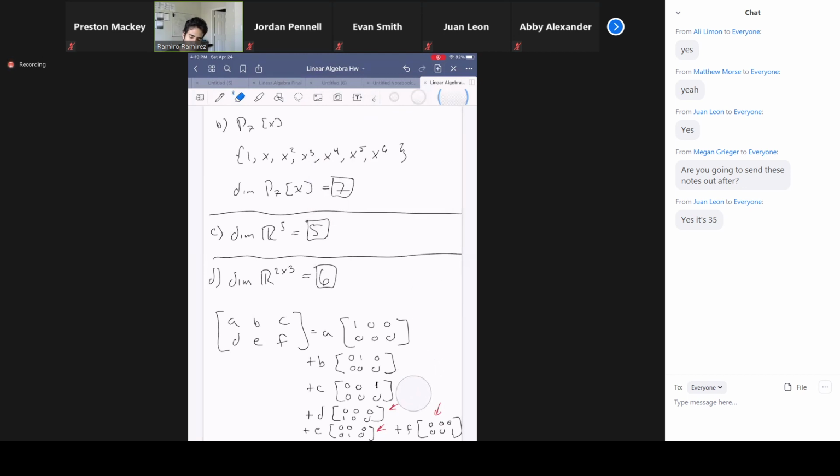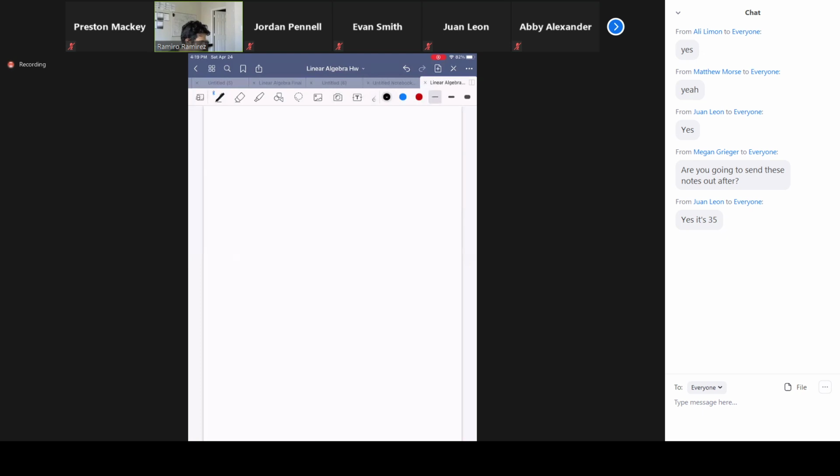Okay. Perfect. All right, so what about E? The vector space of all diagonal 6 by 6 matrices. Again, for this one, take a diagonal A11 all the way to A66.